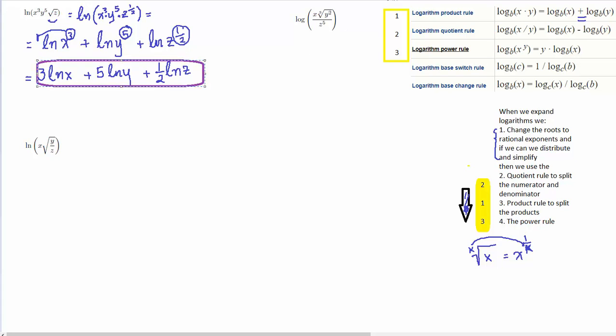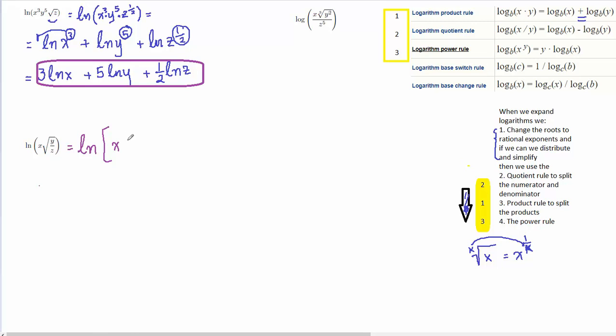Let's work with the second problem. It's again a natural logarithm, and I have a square root. So I'm going to work with the square root first, and I'm going to rewrite it as ln of, inside the argument. Remember, parentheses, square brackets, or curly brackets are the same thing.